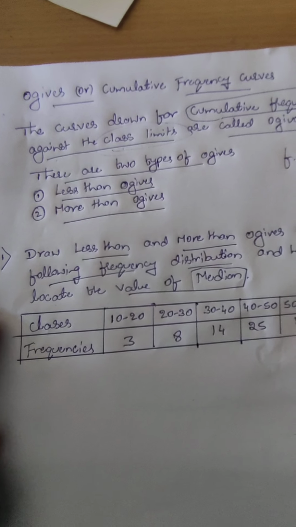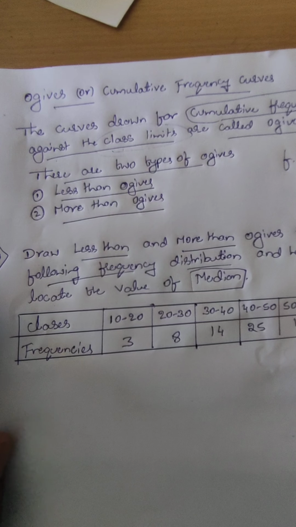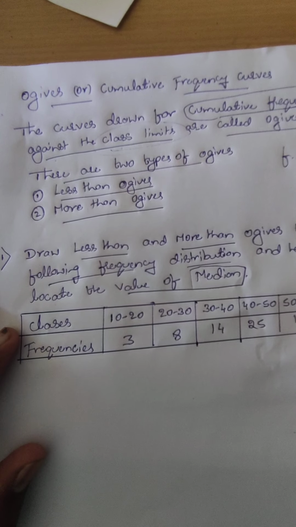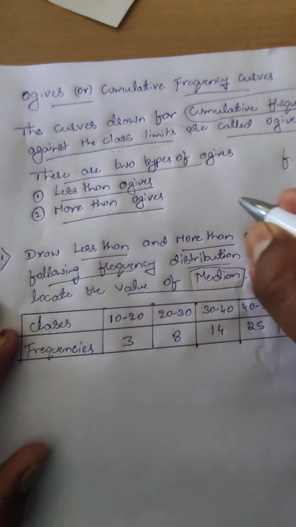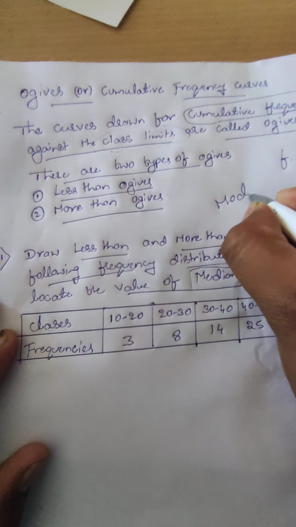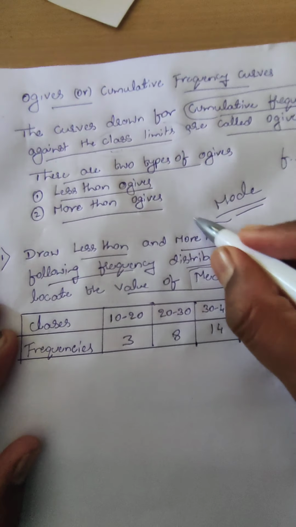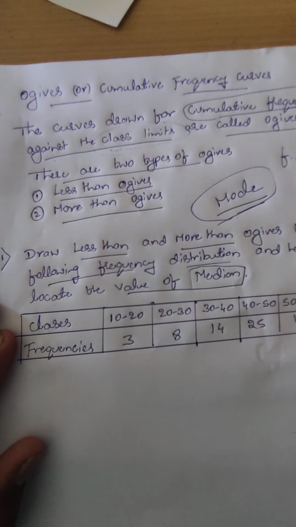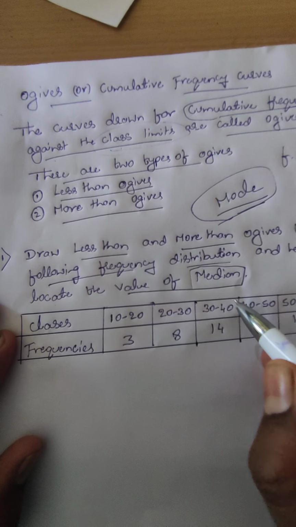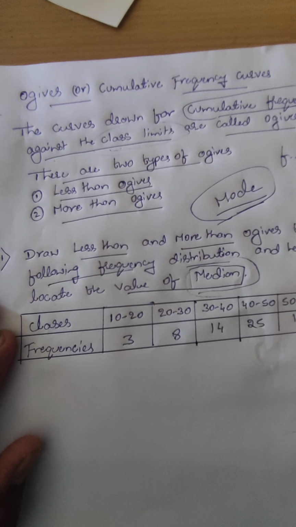In the previous video, we learned how to identify the mode, based on the histogram, frequency polygon and frequency curve. But based on the ogives, we can identify the median.